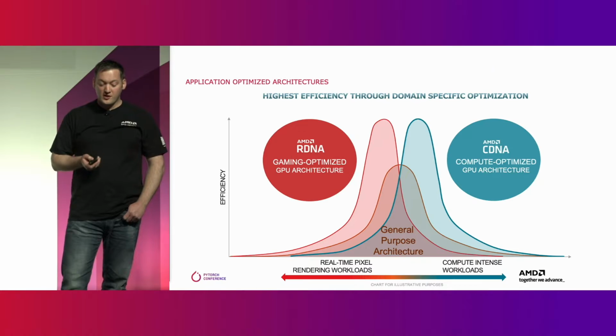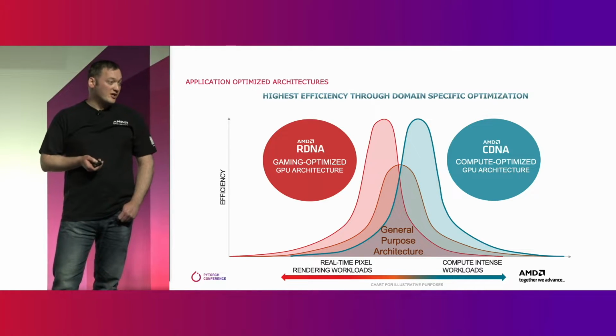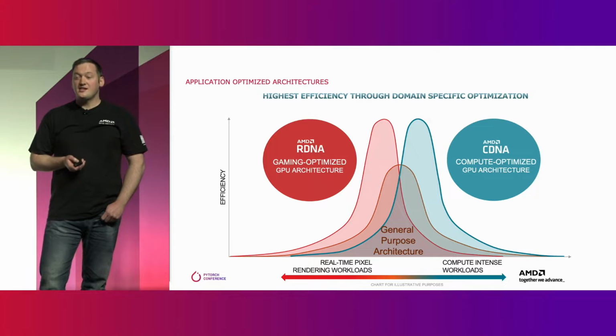So now there are two architectures. AMD RDNA is optimized for gaming to maximize frames per second, and AMD CDNA is optimized for computing to push the limits of floating point operations per second. But more importantly, both of these architectures can run PyTorch, and that's enabled by the AMD ROCm software stack.